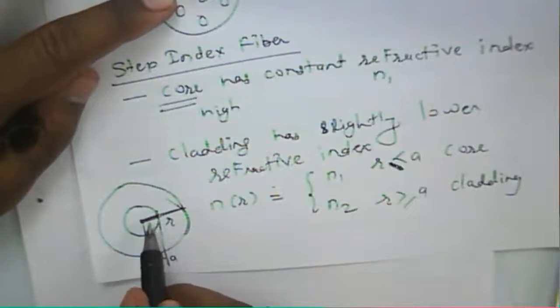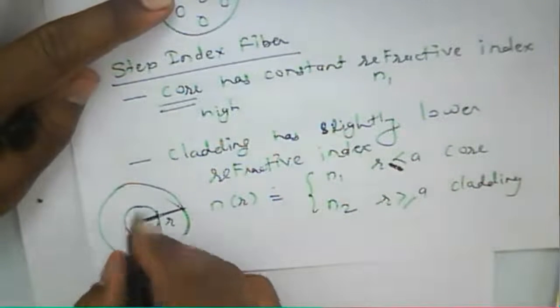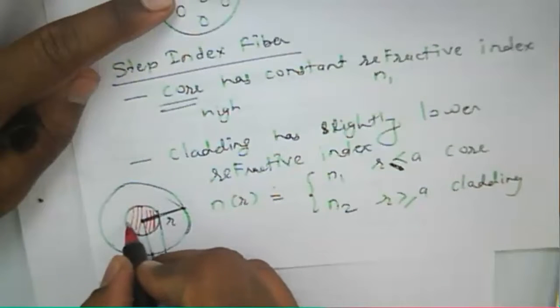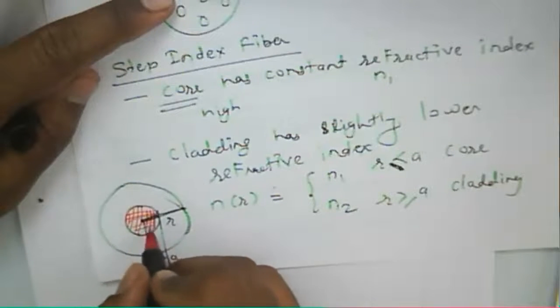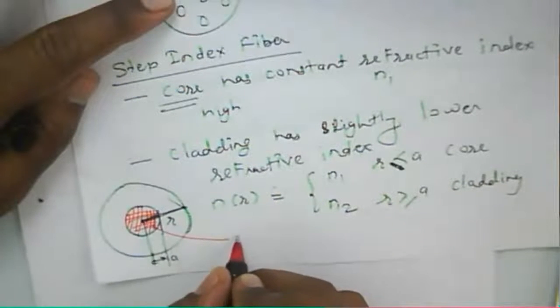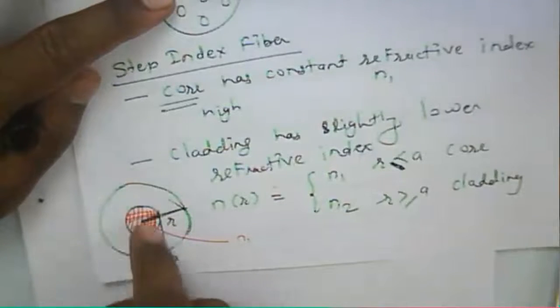Your radius being less than a is nothing but the core, and throughout this core the refractive index is a constant, n1, which is higher.